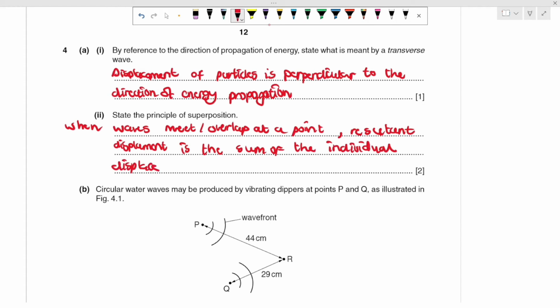When two waves meet at a point, the resulting displacement is equal to the sum of the individual displacements. So they don't wave at each other, they just sort of add up. If one was moving with a specific displacement, the other wave is going to add up to that wave, and they're both going to be moving with a resultant displacement that is the algebraic sum of the individual displacements.